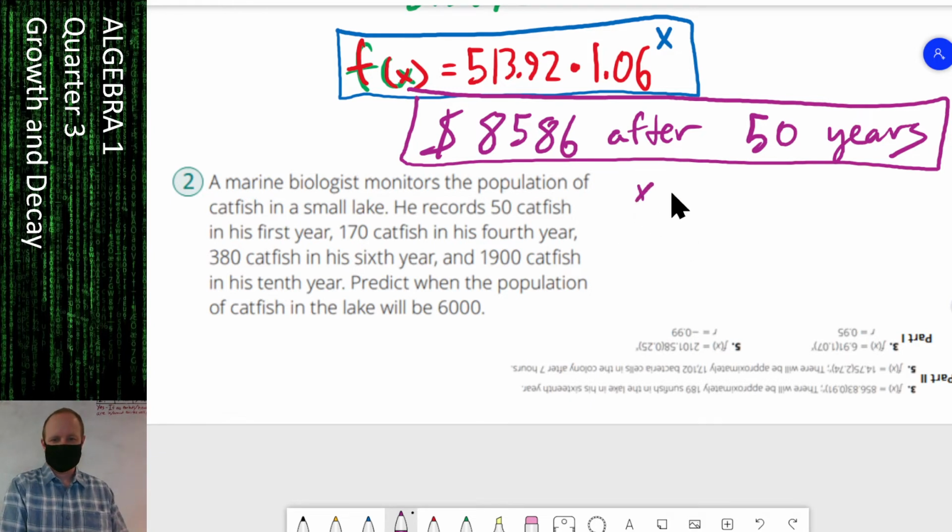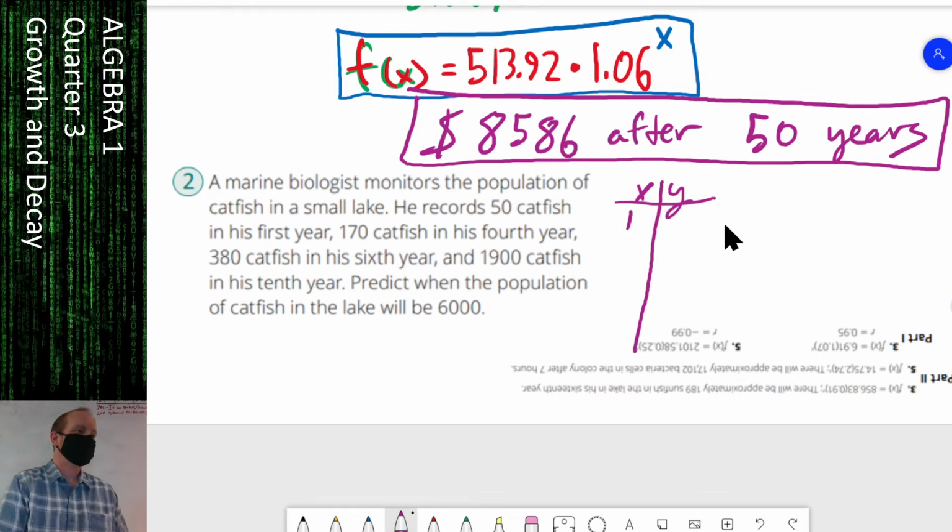So let's go ahead and put our x and y. And we're going to say year 1 is our independent variable. And then depending on the year, it tells us how many catfish. So across from it, let's put the 50. What's the next year that it lists?